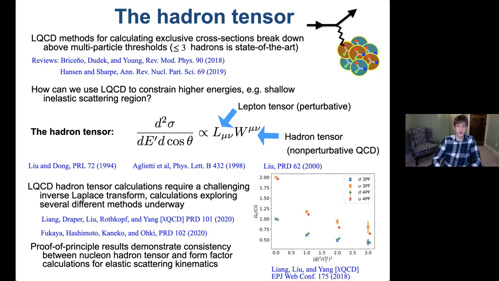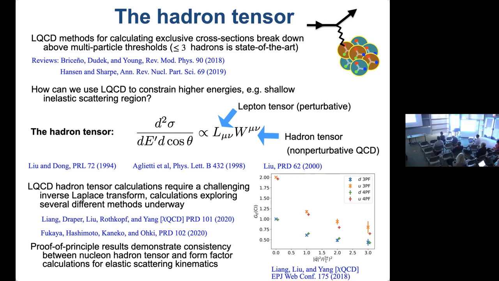And so there have been different methods ranging from maximum entropy to Backus-Gilbert and other things that have started to be explored here for this step of the calculation. Do you know if people have thought about putting in measurements so it's not totally inclusive, but is weighted in some way too?